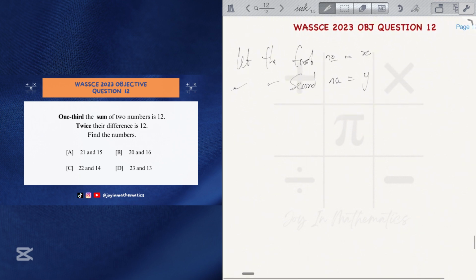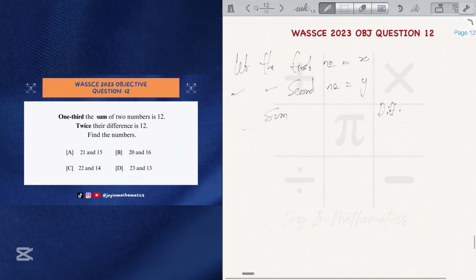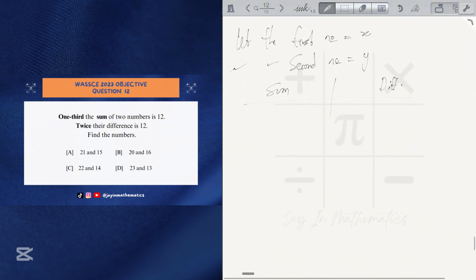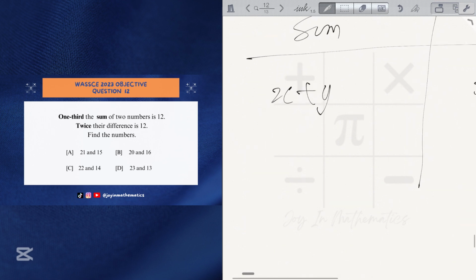Now we have the expression of sum and difference. In the expression of sum, we have x plus y, and in the expression of difference, we have x minus y. So if we look closely now, let's consider the first line of the question.